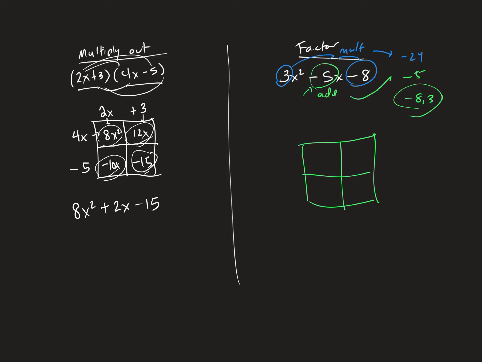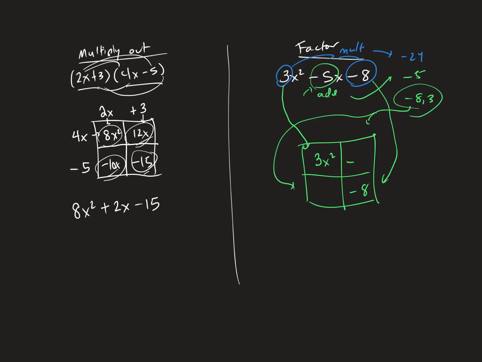Now, in the box, the quadratic term always goes in the upper left. And the constant term always goes in the lower right. And then in the upper right and the bottom left, in either order, we're going to write two x terms, two linear terms, using these two numbers that we found.